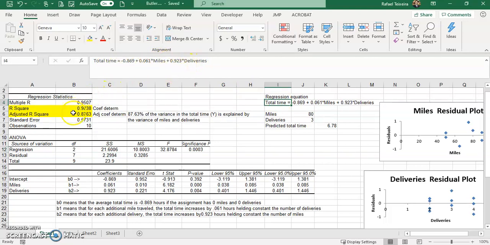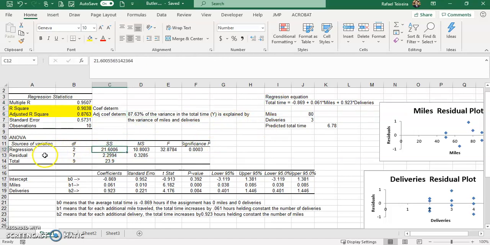We can see here through this coefficient of determination that 87.63% of this total time is explained, is due to variance in miles and deliveries. So this is where the sum of squares of regression is coming from the equation.